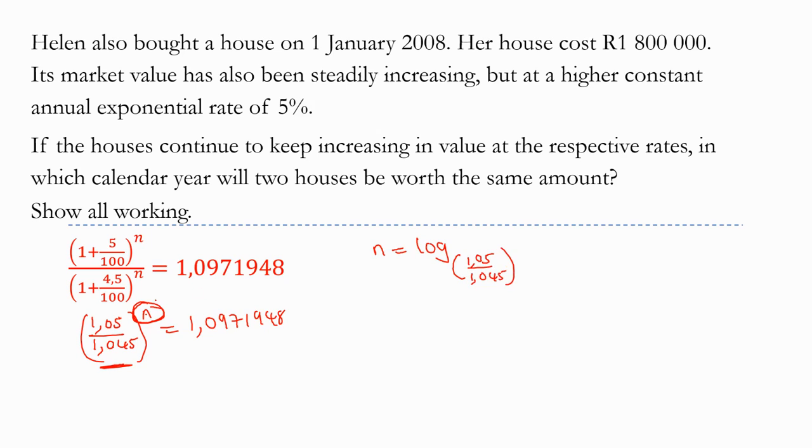Then if you just know these two, this is the subject, this is the base. Done. And then your number, or some books will say the argument, 1.0971948. You put this in the calculator, you'll get your answer.